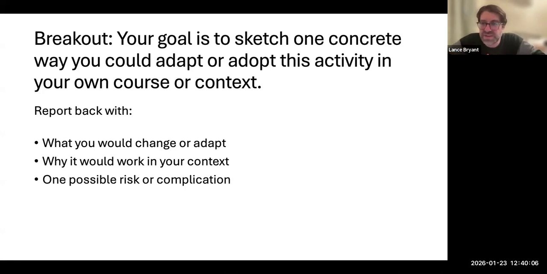I was hoping maybe to get a few groups to share out what is something you would change about it, or do you think this would be adoptable for you? So, any recommendations, suggestions, questions?